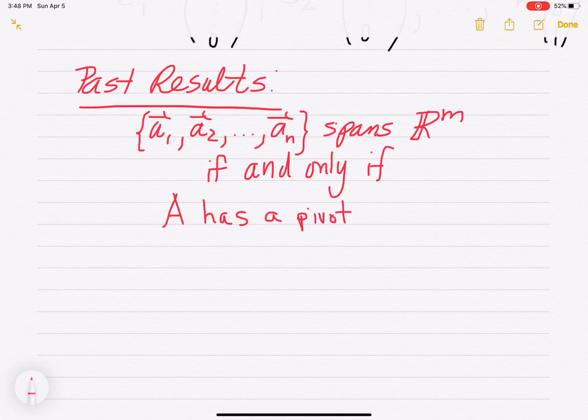Every row is a pivot row. Yeah, that was really important, and that's going to be useful.